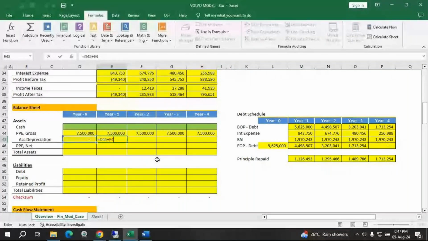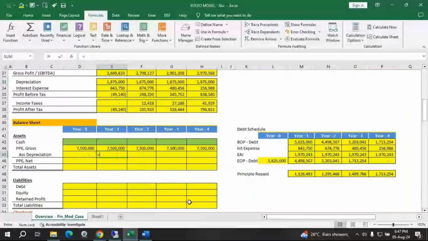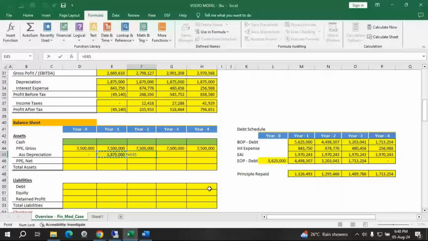Here, depreciation value equals previous year value plus depreciation value of this year. This one once again equals previous year value plus current year depreciation.